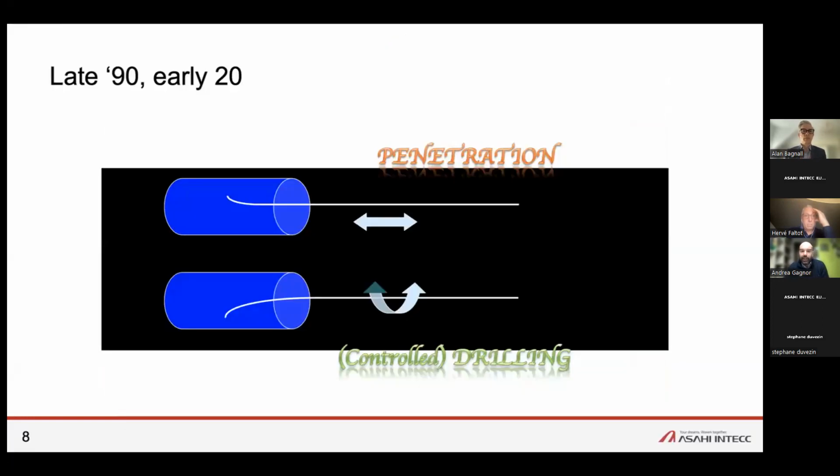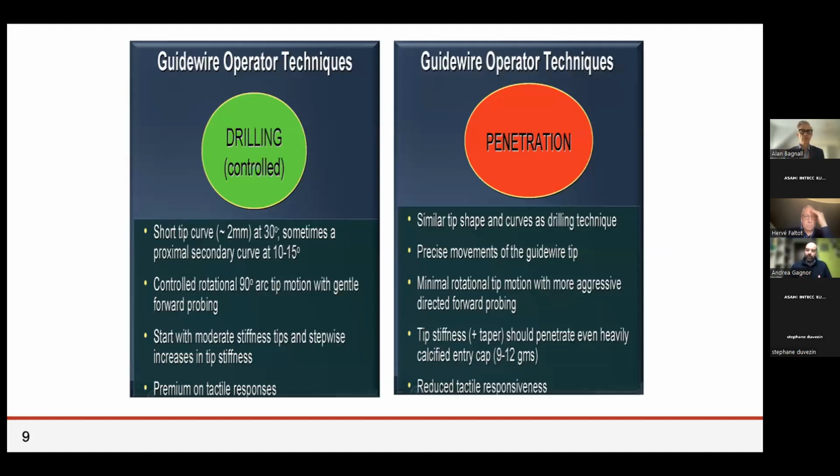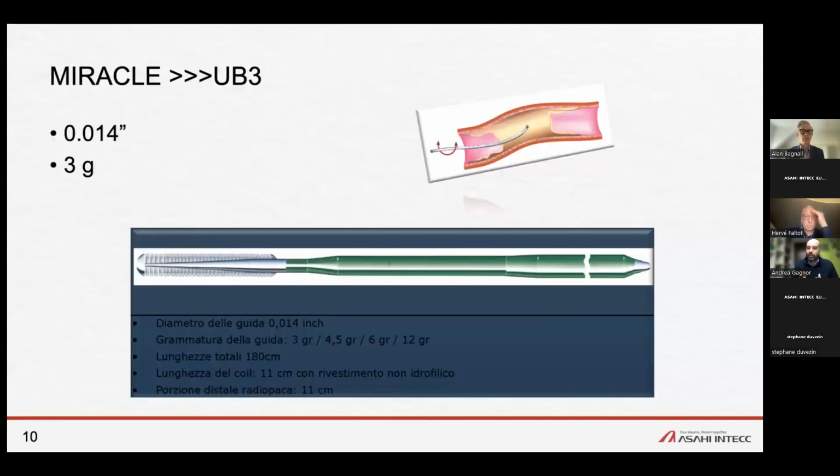It was easier in the early days of our experience, because in those days we were very lucky: we had techniques that coincided exactly with the wire that we chose. We discussed penetration and drilling in CTO PCI, but what we didn't understand was that we were discussing specific tools and specific wires.